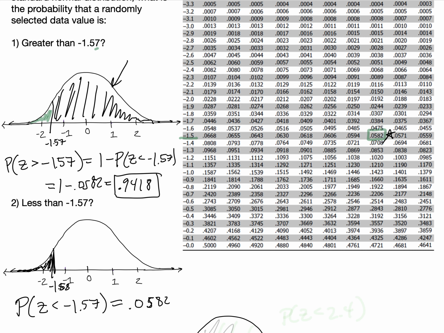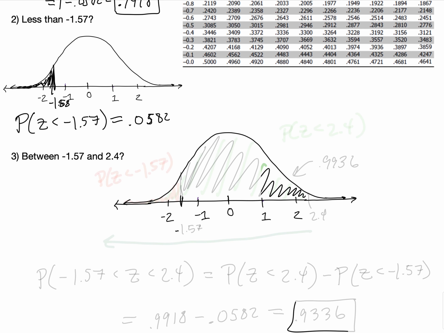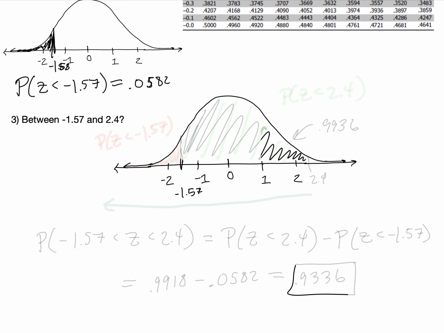Finally, between those two values, this is negative 1.57 and positive 2.4. So we're looking for the probability that we fall between these two shaded values. Anytime we're looking for a between, we can take the probability that we're less than the larger one and subtract away the probability that we're less than the smaller one.